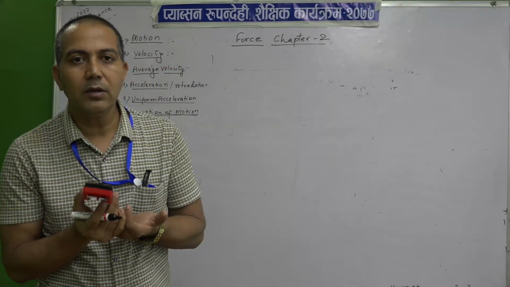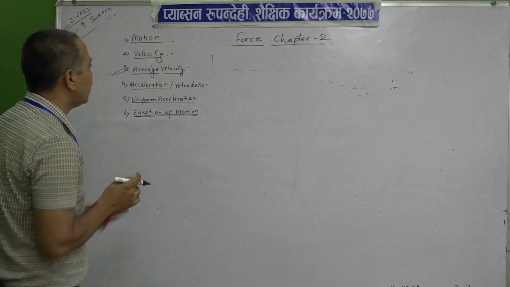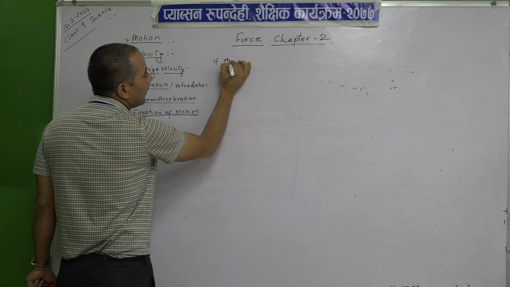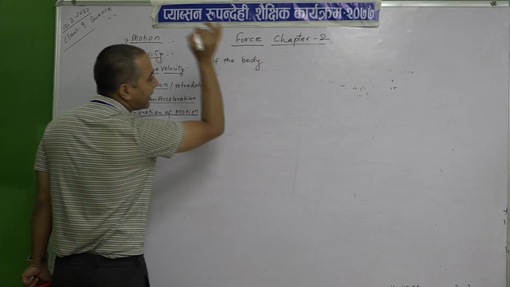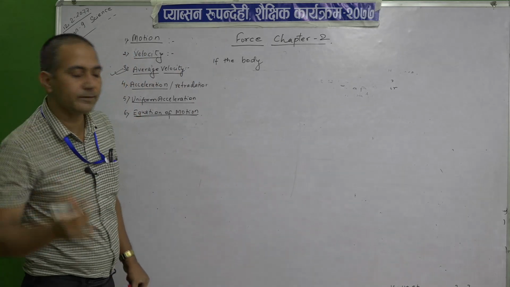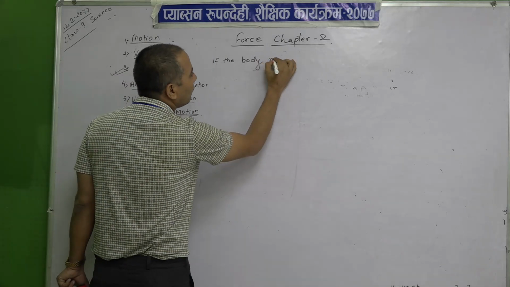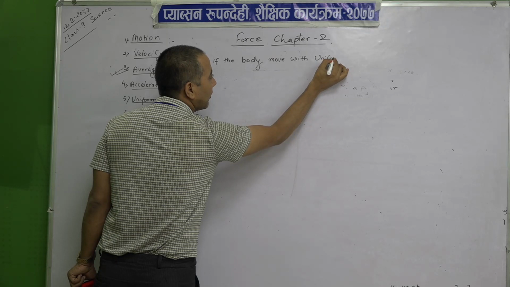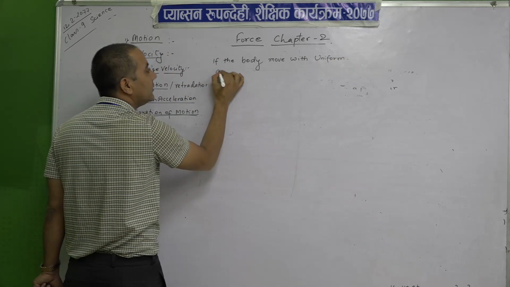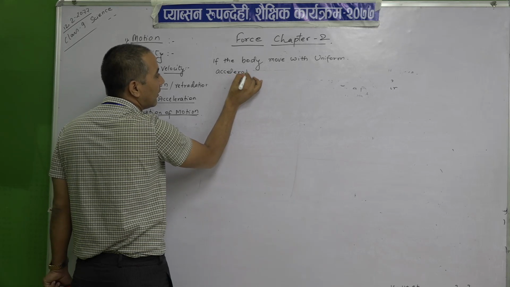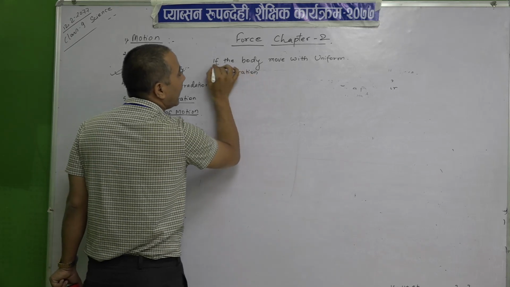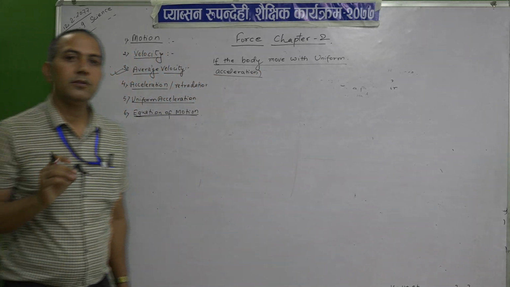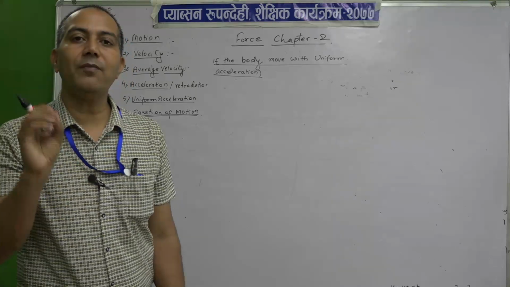Average velocity: if a body, or we can say a vehicle or whatever the moving object, moves with uniform velocity or uniform acceleration, when a body moves with uniform acceleration, there will be a change between the initial and final velocity.